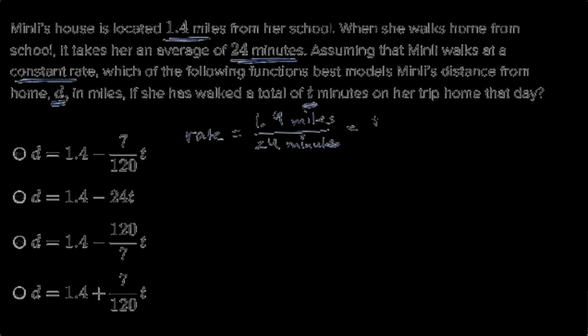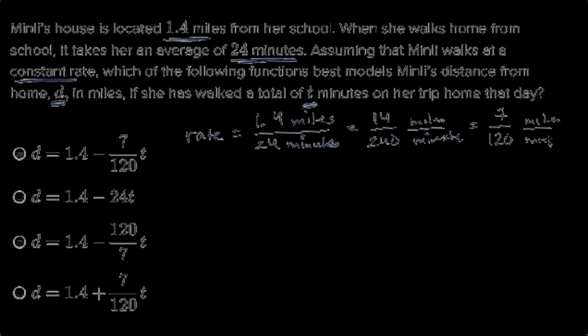So that's going to be equal to 14 over 240 miles per minute. And then we can further simplify that. The numerator and the denominator are both divisible by 2. So this is going to be, let's see, 14 divided by 2 is 7. 240 divided by 2 is 120 miles per minute.